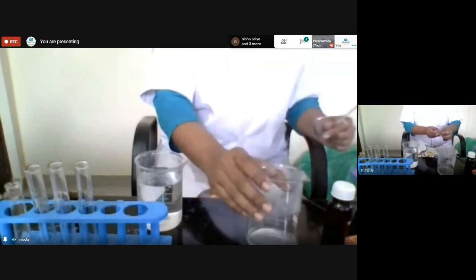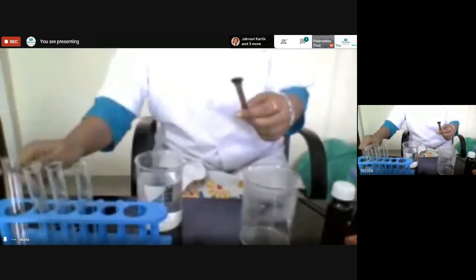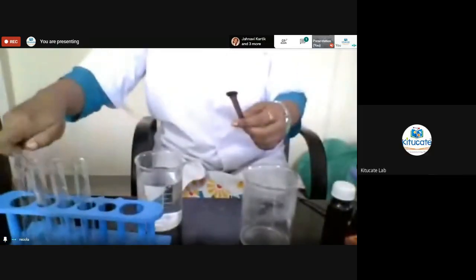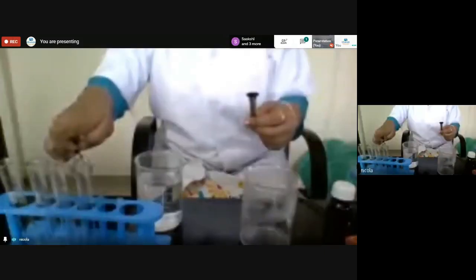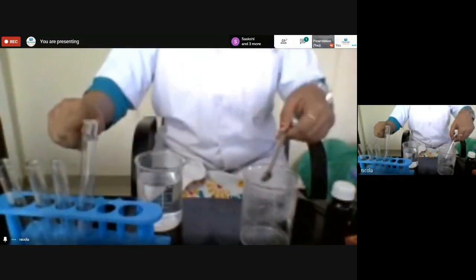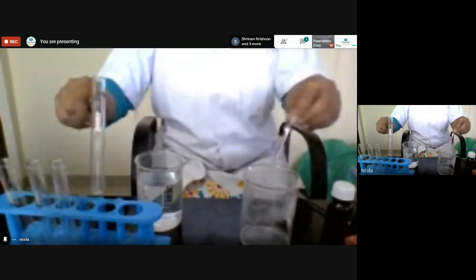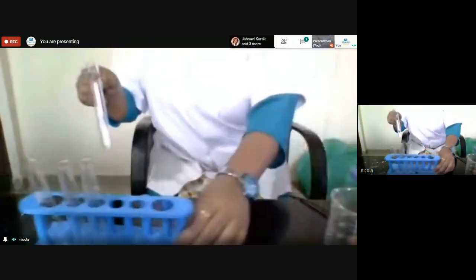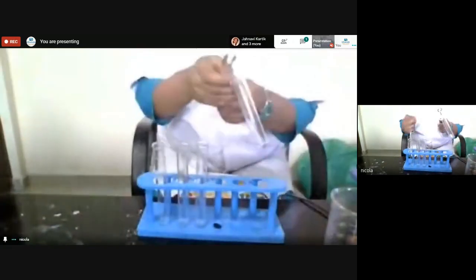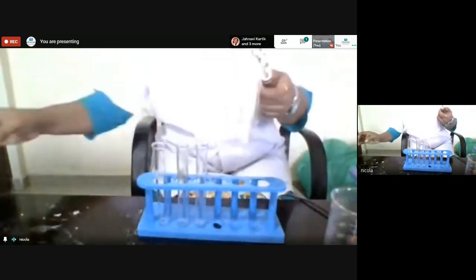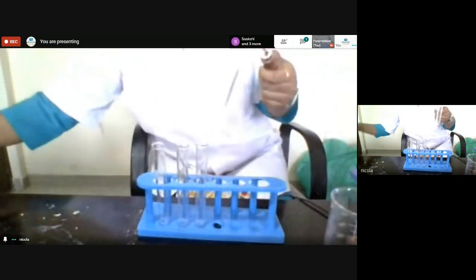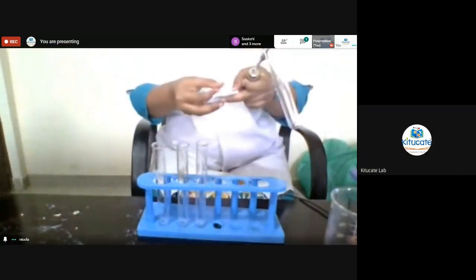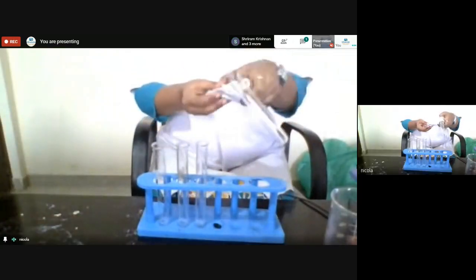So now we can add bits of aluminum foil.